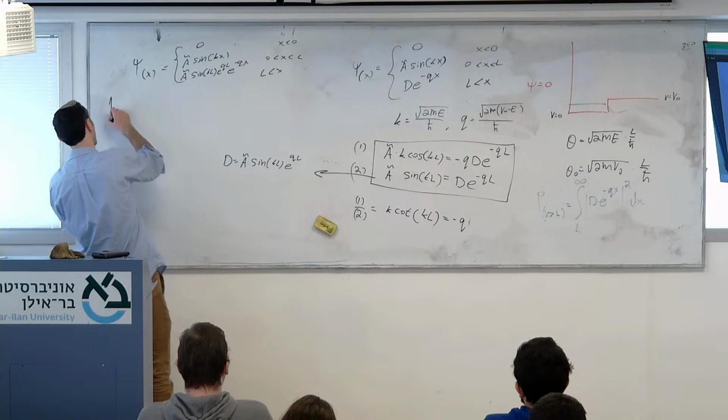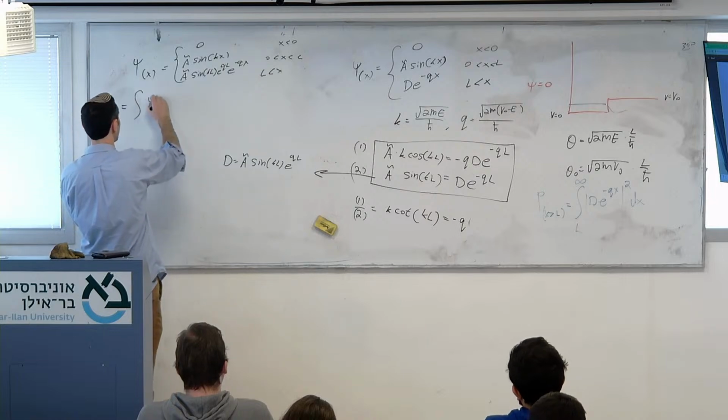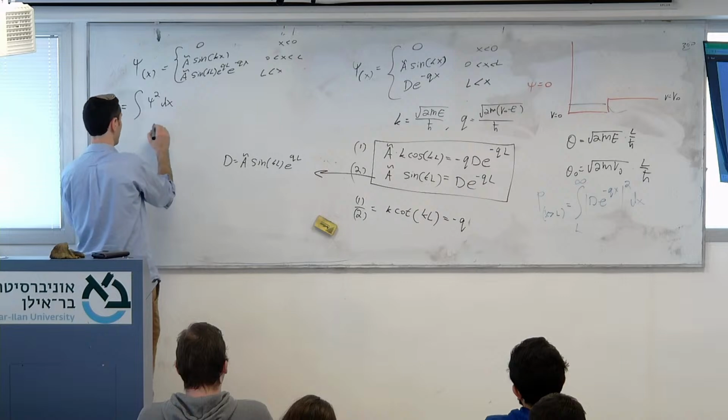In order to normalize, I write 1 is equal to the integral of psi squared dx from 0 to infinity.